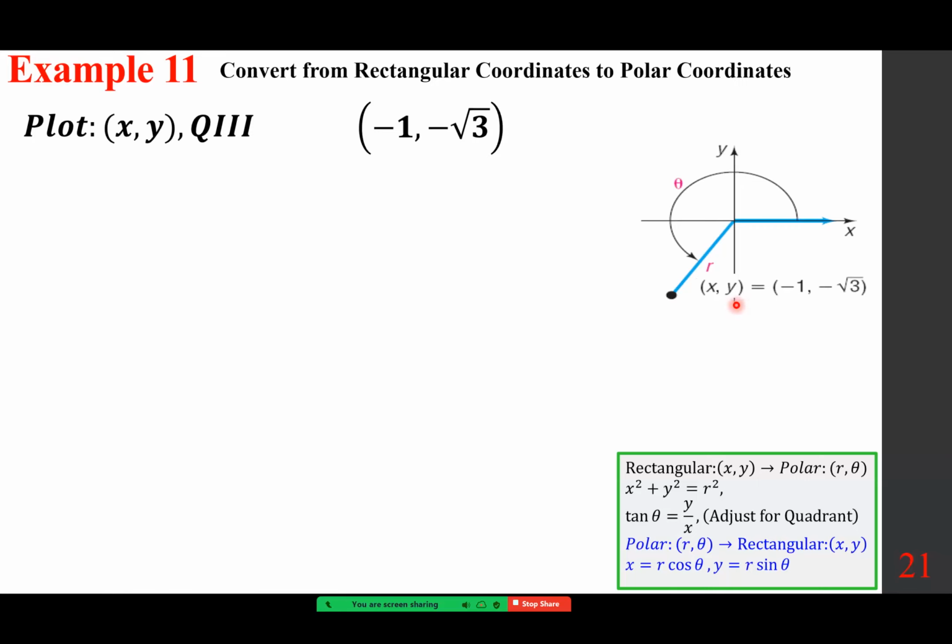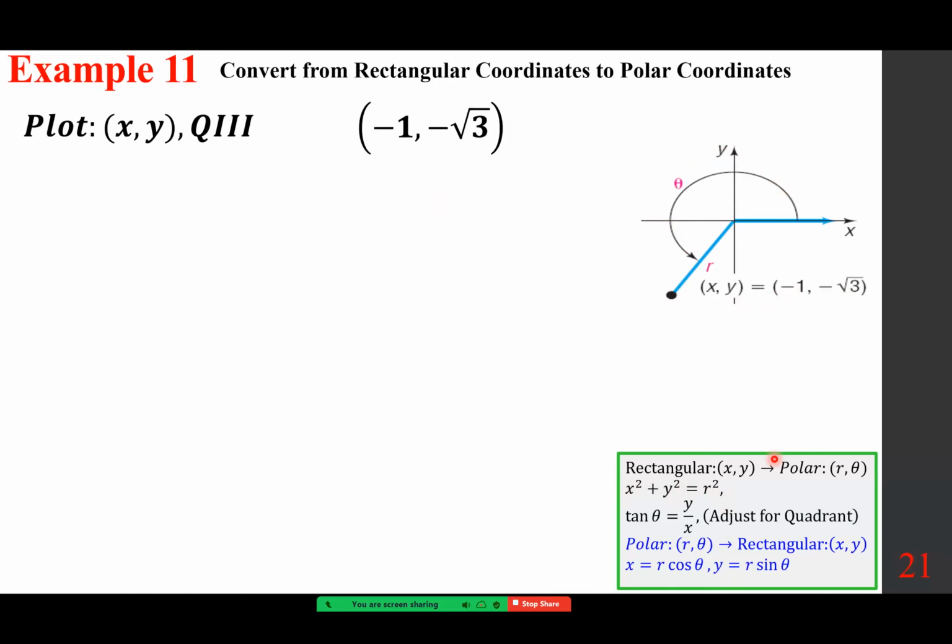So x and y with coordinates -1, negative square root of 3, and this is the theta. So what we need as far as r comma theta is concerned is to calculate the r and the theta. R squared is x squared plus y squared. We can calculate the r, and then tan theta is y over x, and we adjust it accordingly.